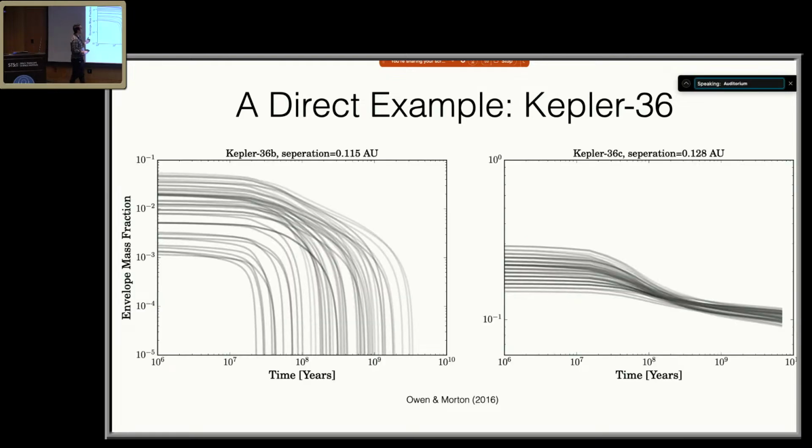So this is the kind of evolutionary scenario we might expect: the innermost planet, which had a lower mass, was completely stripped of its atmosphere, while the outermost planet was able to retain its atmosphere. And again, almost all the action happens within the first few tens of millions of years of the star's lifetime.